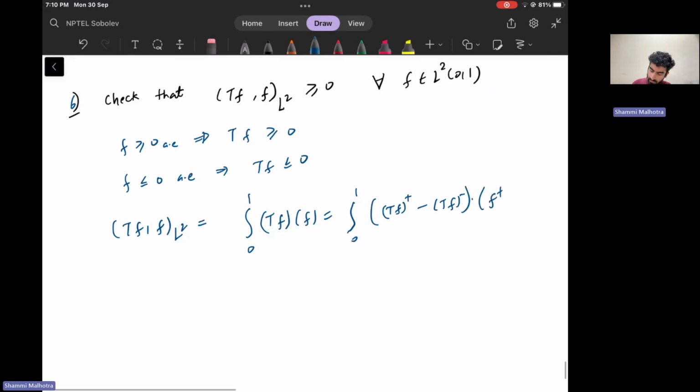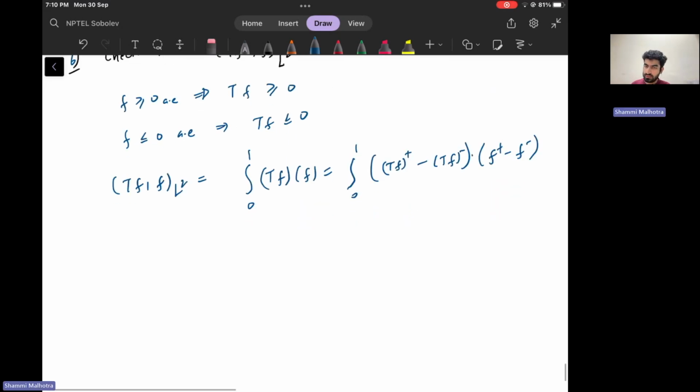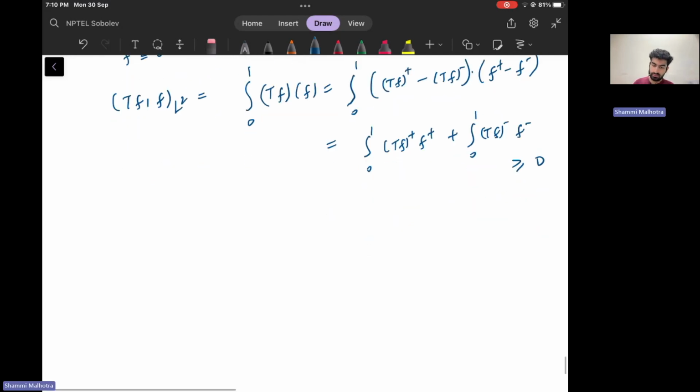But since the positive and negative parts cannot have a common support unless it is 0, this will give me nothing but the integral from 0 to 1 of Tf positive part times f positive part plus the integral from 0 to 1 of Tf negative part times f negative part, and this is almost everywhere greater than or equal to 0. So that actually proves our part 6. Okay, so far so good.